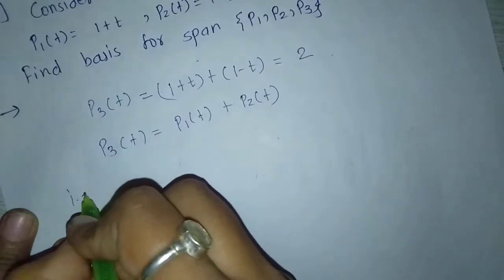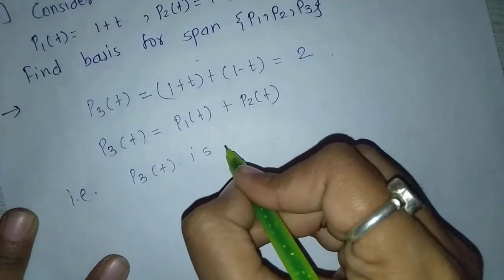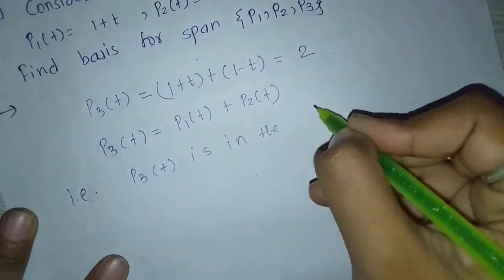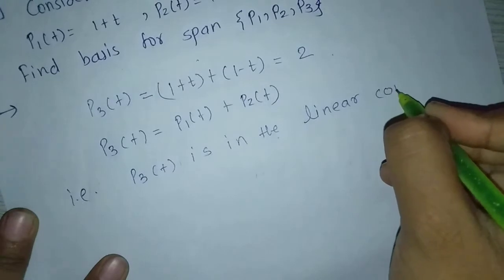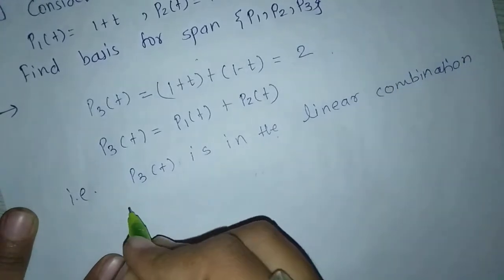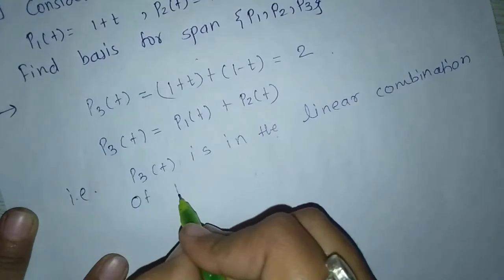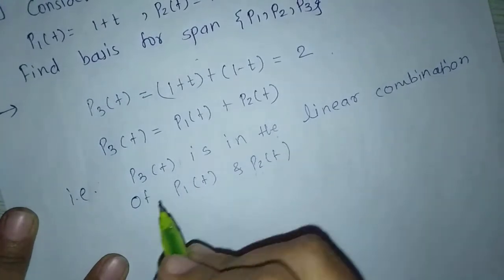That is, p3(t) is a linear combination of p1(t) and p2(t).